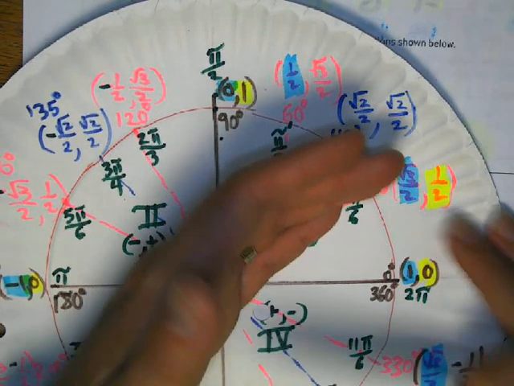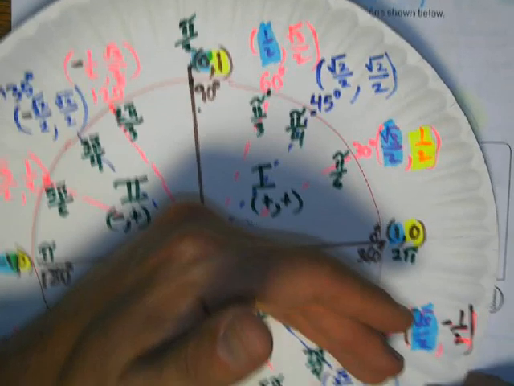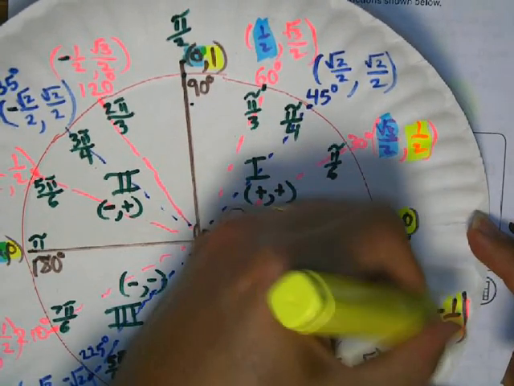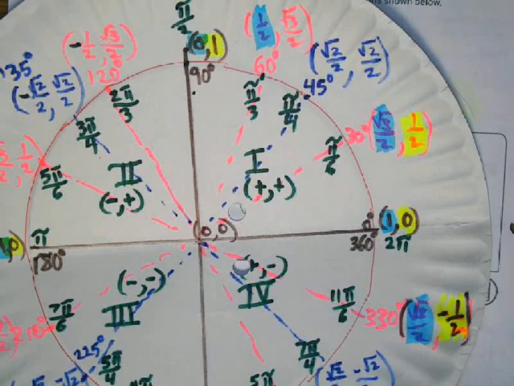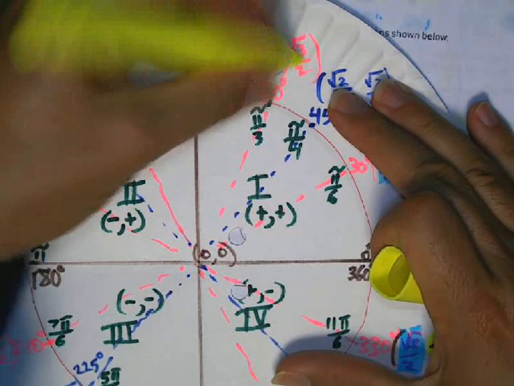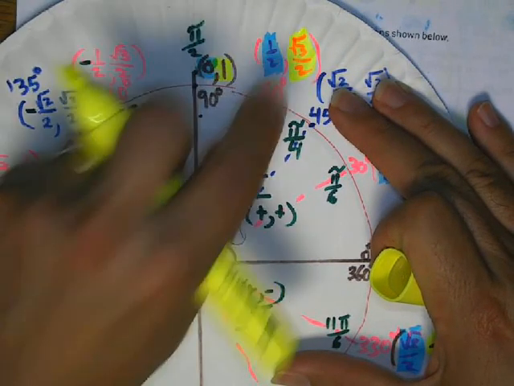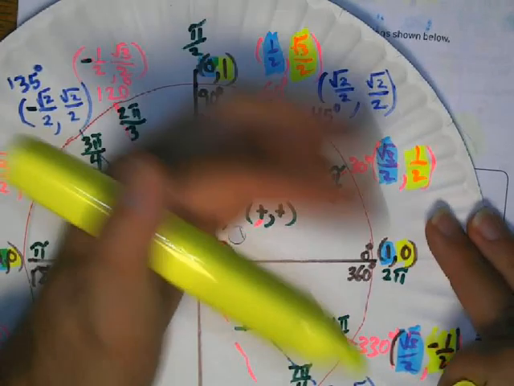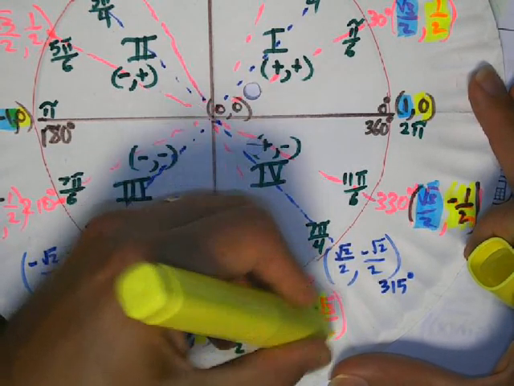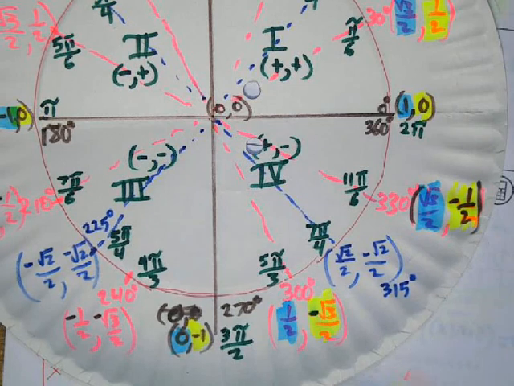If I go down 30 degrees, my y value, the sine value, is negative 1/2. Same thing here: if I go up 60 degrees, my sine value is radical 3 over 2. If I go negative 60 degrees, my sine value is negative radical 3 over 2.